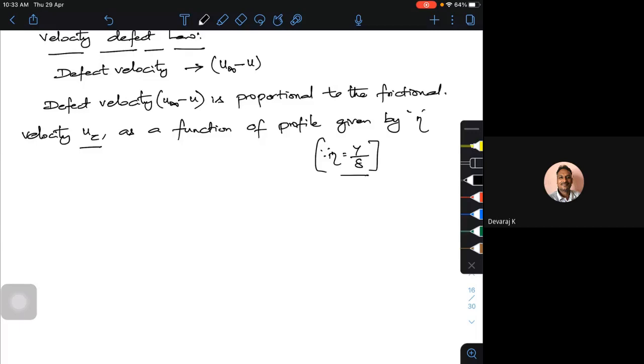or boundary layer. Some books call it U tau, and some books call it U star. U star is the better one.